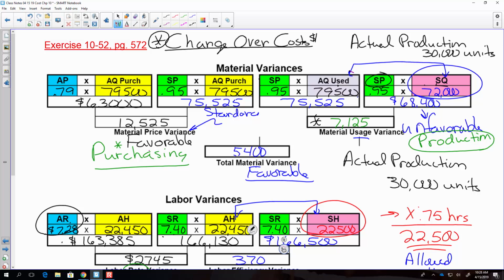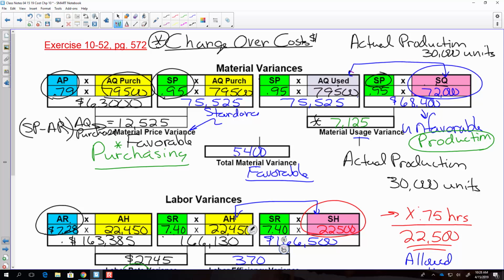Same thing with the price. It's the difference between what? SP minus AP times what? AQ purchase. That'll give you the material price variance. So SP minus AP times actual quantity purchased. That also gives you the price variance.